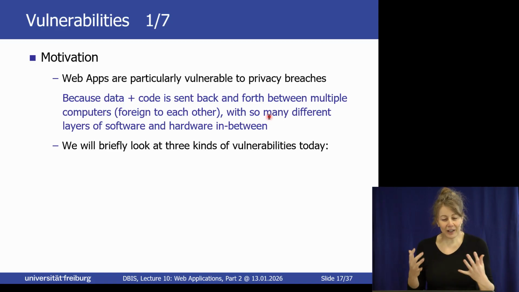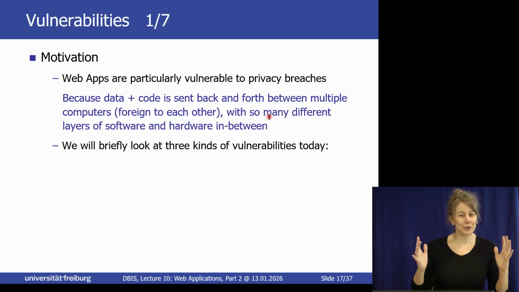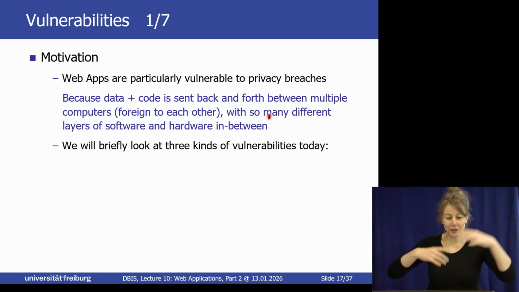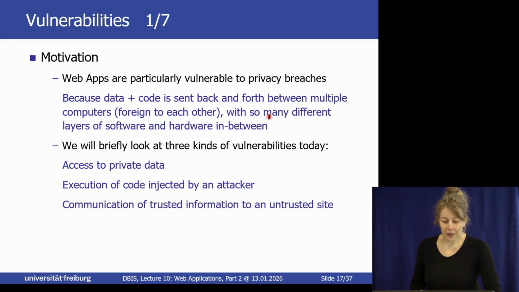Because, as I said, all the individual things are simple. In combination, it's pretty complex, right? Asynchronous, many machines, all these layers, HTML, JavaScript, Python server. If there's a question, please ask. So, here are some examples. Access to private data, code injection, we will see that in a second, and we will talk about all three.